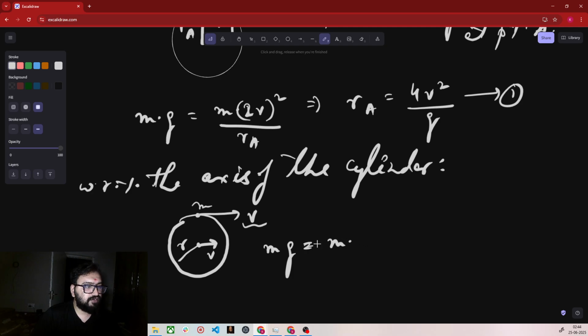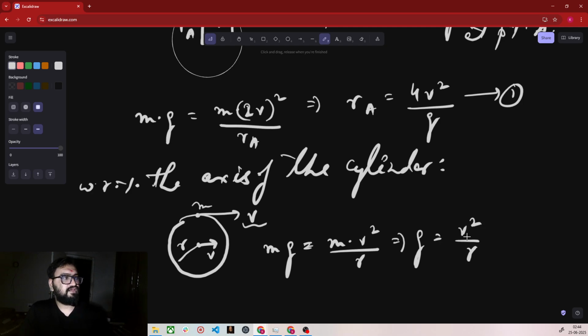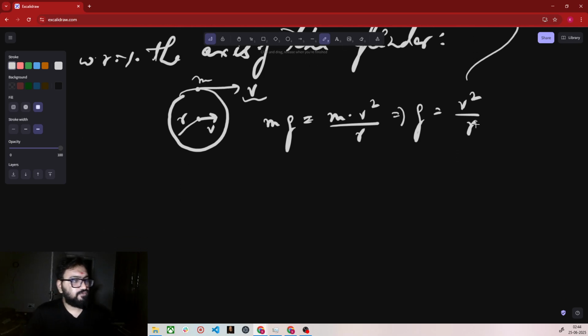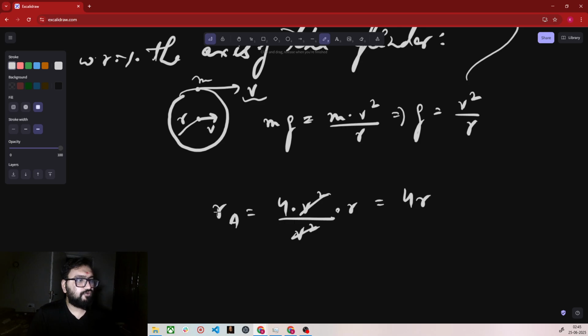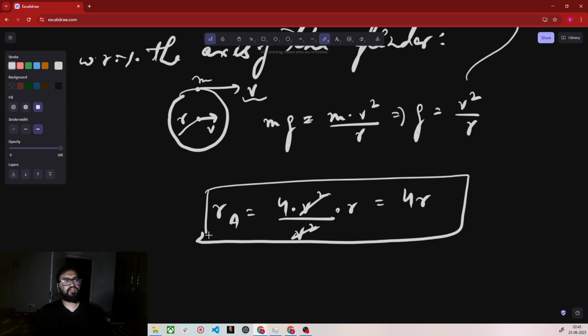So this is equal to m into v square by r. So from here I get g as v square by r. Now I just need to plug in this value of g in here. From those two equations I get ra as 4 into v square by g, which is v square by r, v square gets cancelled, I get ra as 4r. So the radius of curvature at point A is equal to 4r.